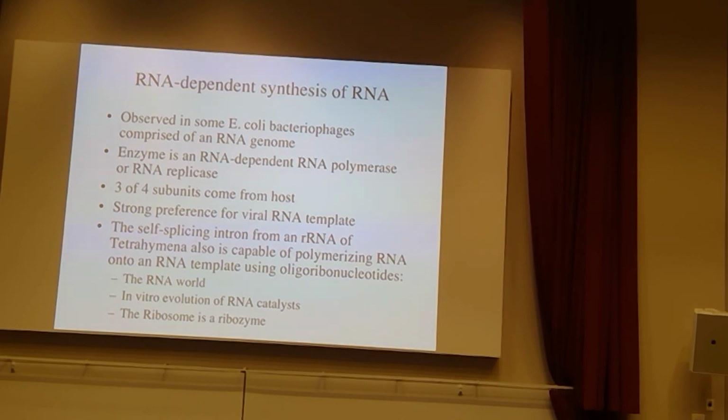But there's another important reason, and that relates to the RNA world. So why do you think this would be so important when we think about RNA as being like the primordial biopolymer? Why do you think this might be so crucial?